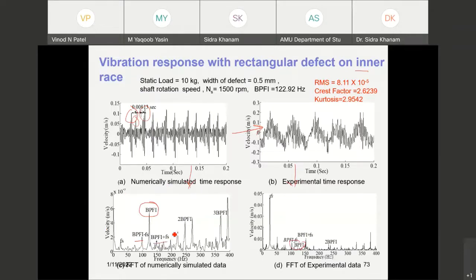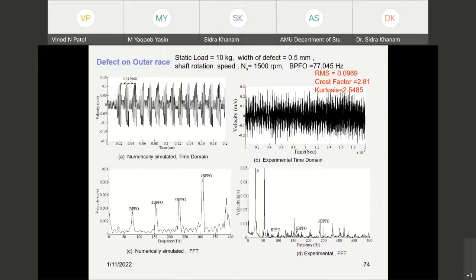So that says that whatever dynamic model was derived was giving the right result as per the requirement. The same thing was done for a defect on the outer race, where the impulse is generated and numerically found like this, and its FFT is given in this figure.